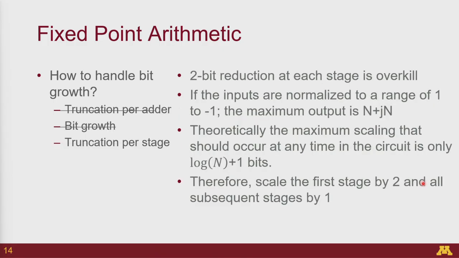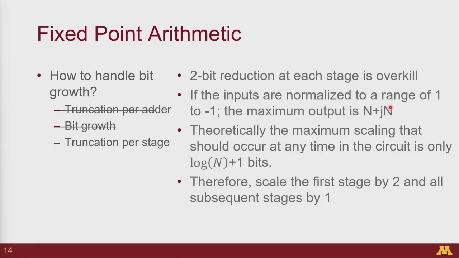The last approach, which is probably simpler and a compromise, is based on the idea that a 2-bit truncation at each stage is an overkill. What do I mean by that? If you have an FFT where all the inputs are limited to +1 and -1, the largest absolute value you can get in the result, in the real or imaginary parts, would be N or jN.